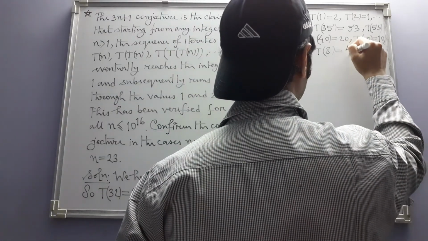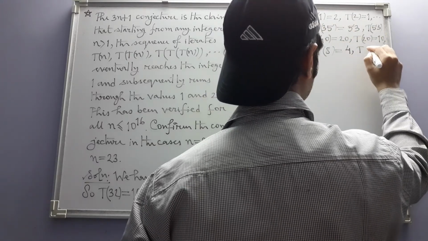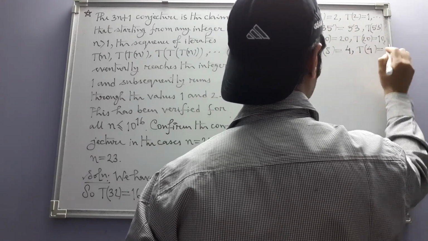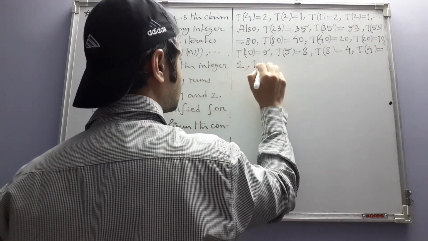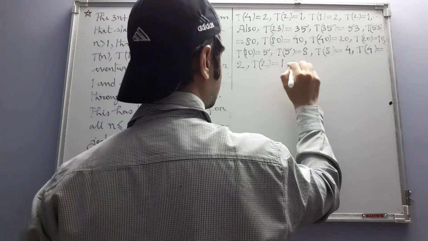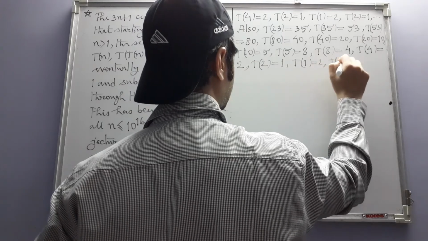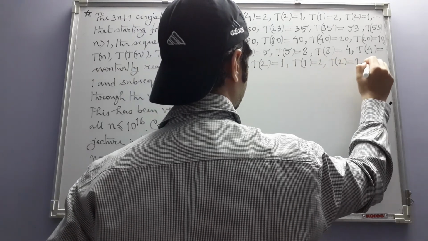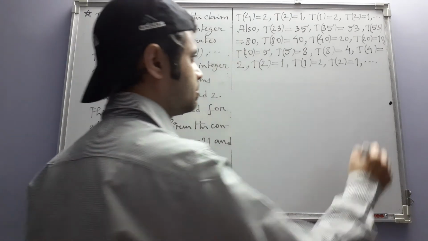So this is 4, and the rest is, of course, just like this. Still, let's write it for the sake of completeness. When T of 1 is 2, T of 2 is 1, and it keeps on alternating between 1 and 2 like this.